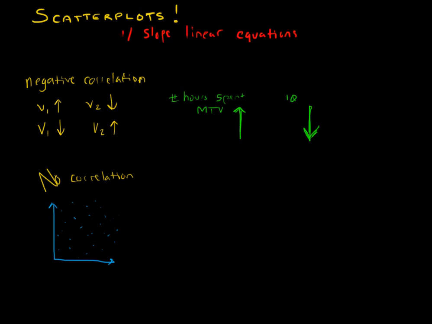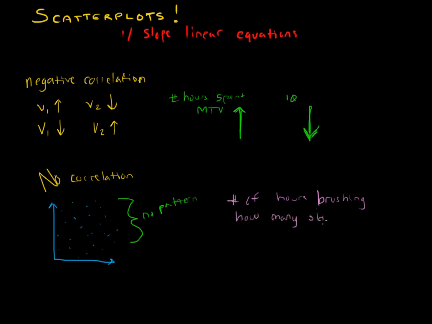And an example like this in real life: the number of hours brushing my teeth does not correlate to how many shoes I own. Those two are in no way related at all. So that would be a no correlation.